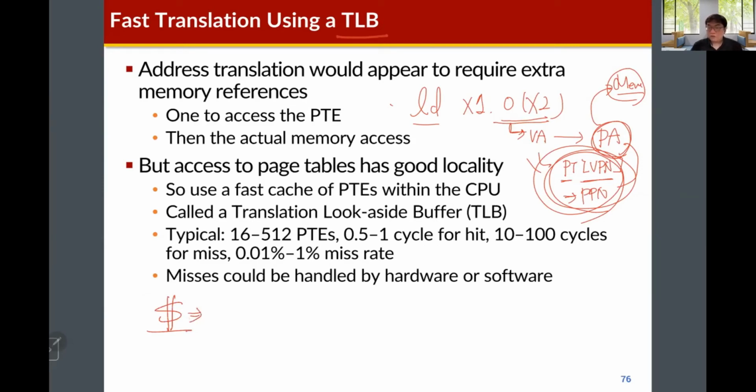Why can we use cache? Because in our normal applications, strong data locality is observed. Then how about this page table?